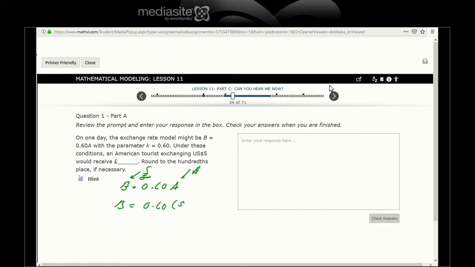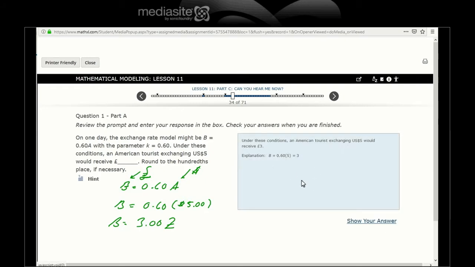I want to exchange $5 for it. And I should get in return 3 pounds. Oh, the sign goes in front. 3 pounds. So basically, this exchange rate relationship is a linear relationship.